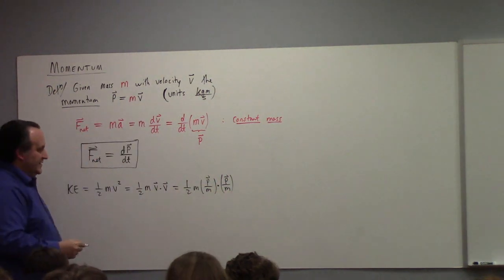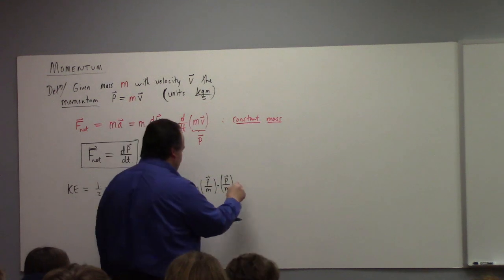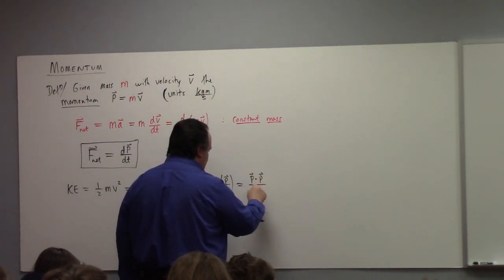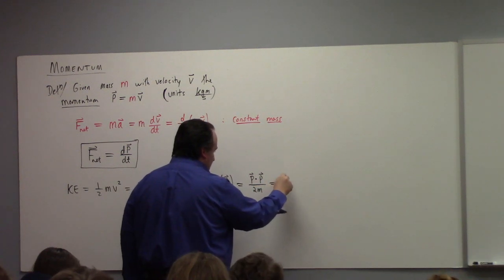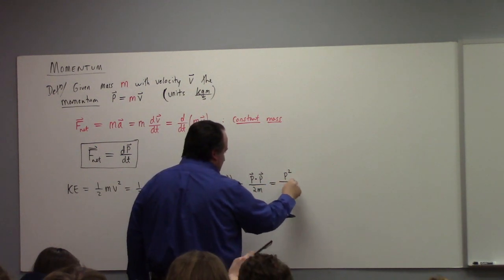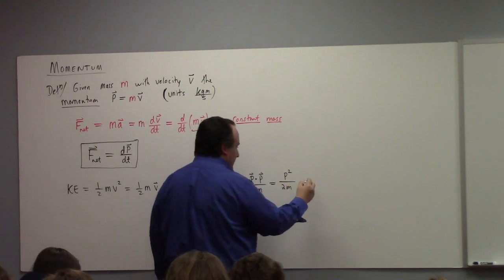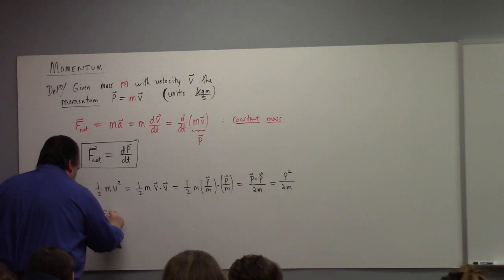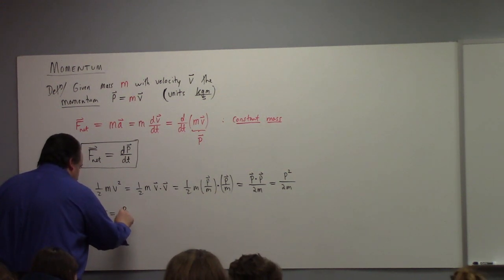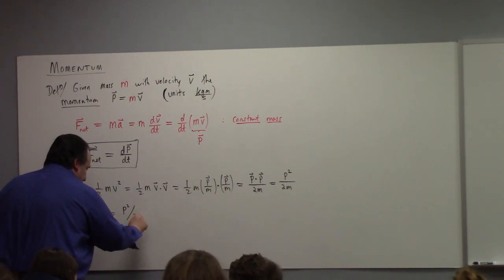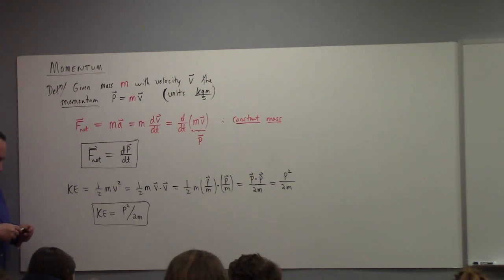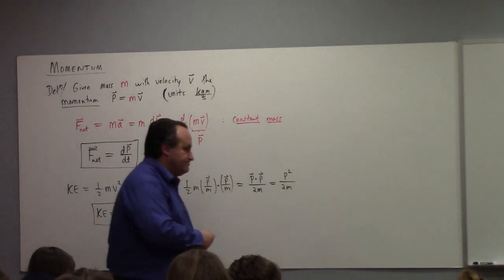The m's cancel, and we get p dot p divided by 2m, or as we would more commonly write it, p squared divided by 2m. So the kinetic energy in terms of the magnitude of the momentum is equal to the momentum squared divided by twice the mass.